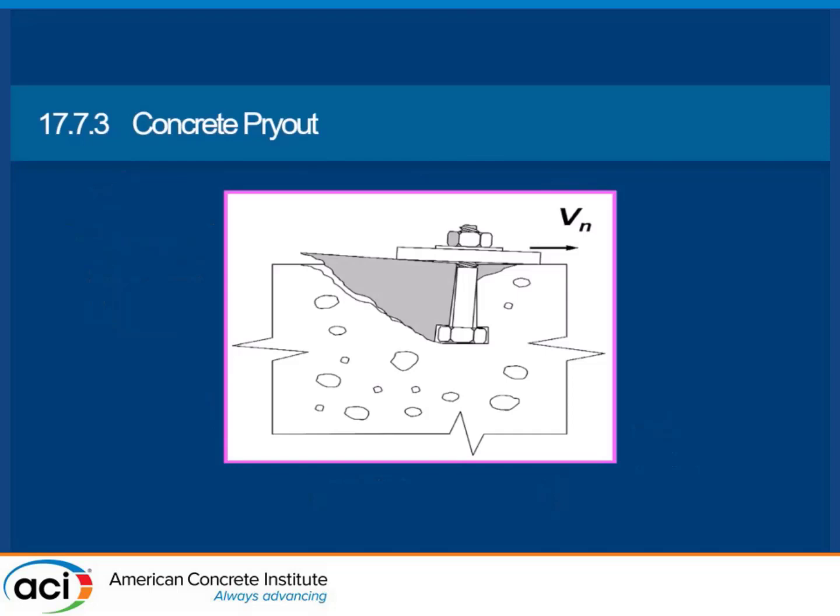Concrete pryout is just when you have too short of an anchor and it's really stiff. It's just not far enough down for it to act, so it kicks out the concrete behind it. I read an old paper that basically said if you were more than 4.5 times the diameter of that embedment, you basically preclude pryout.